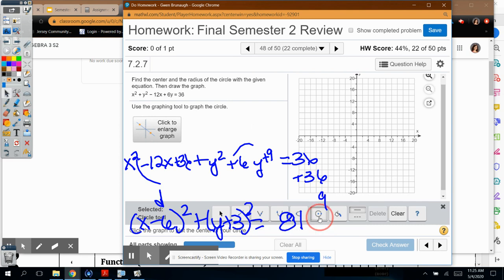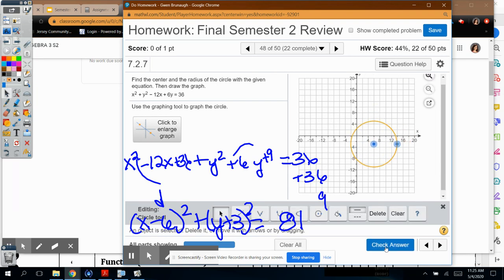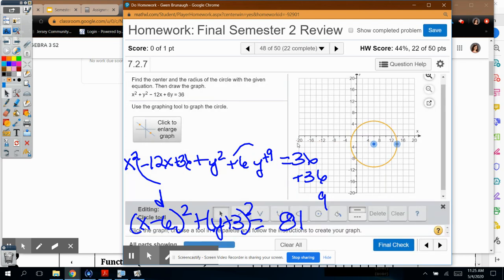Some of you are probably yelling at me while I was graphing that. 6, negative 3 is right here. And it will tell me, yeah. And now count over 9. 2, 4, 6, 8, 9. I think that'll be right. Oh, it's hard for me to do it with my thing.